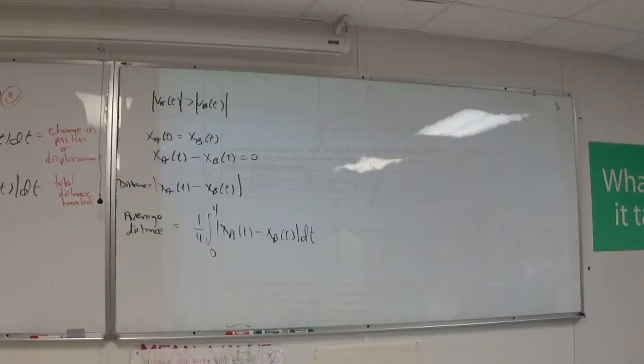This is a position graph, right? So just A of T is positive, right?